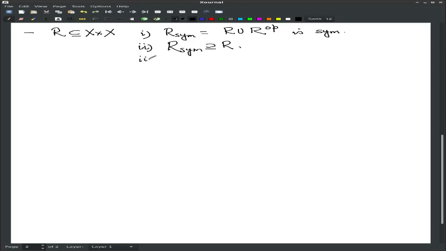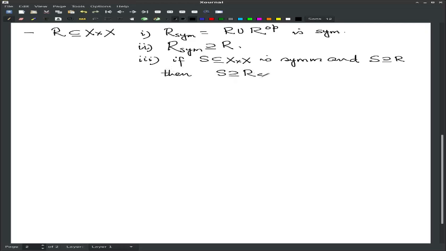And finally, if S is symmetric, so something having both these properties 1 and 2, and S is a superset of R, then you have to show that S contains this.